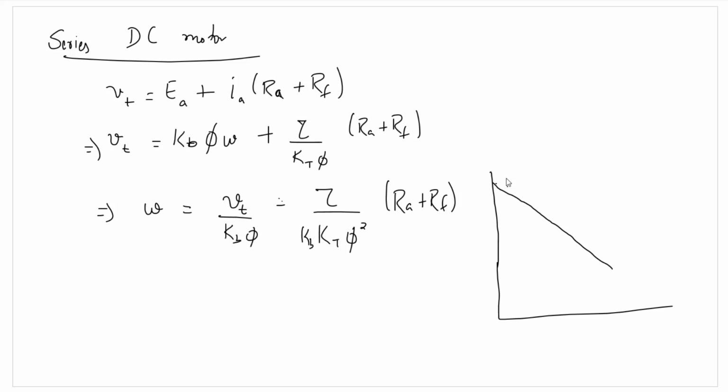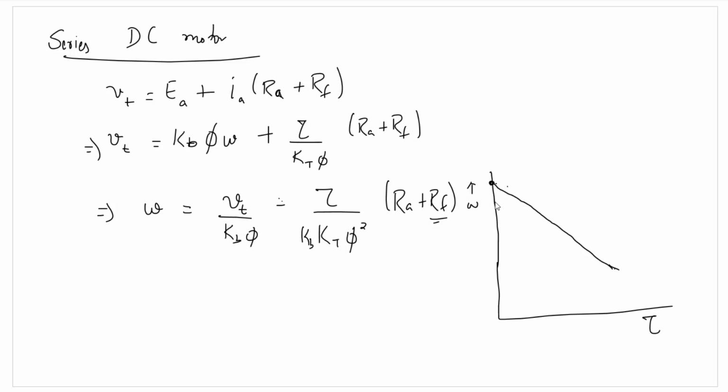The difference here will be that the starting torque will be much larger as compared to that of the shunt DC motor, and the fall will be more, as we have the additional resistance Rf in association with Ra that will make the negative component larger, so there will be a larger amount of fall.